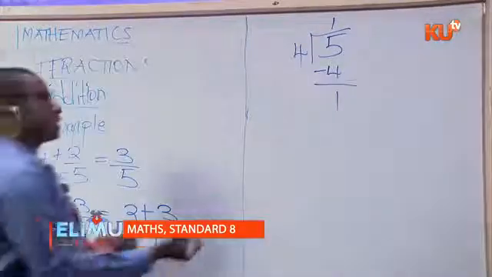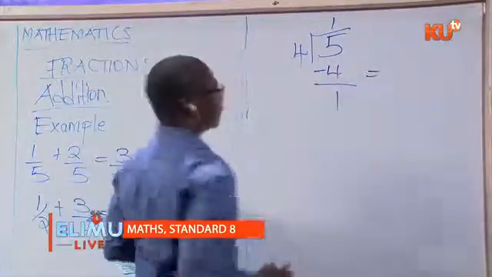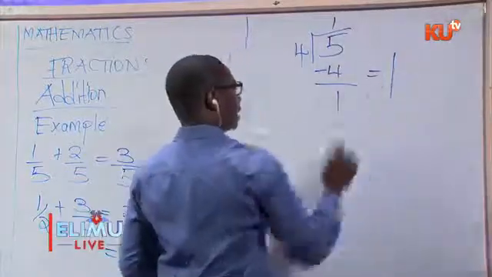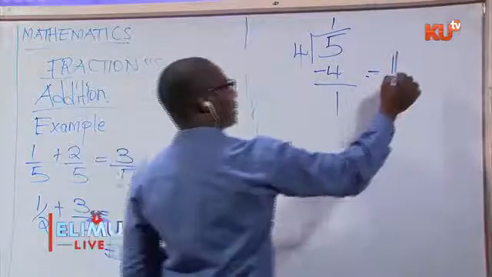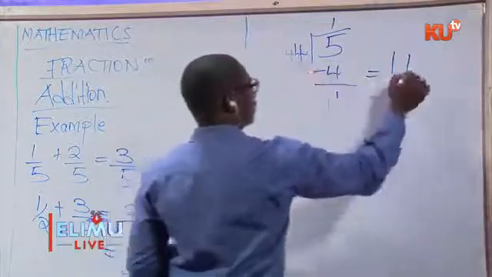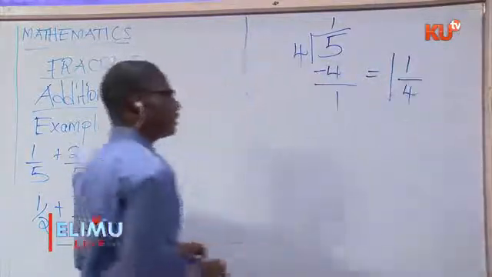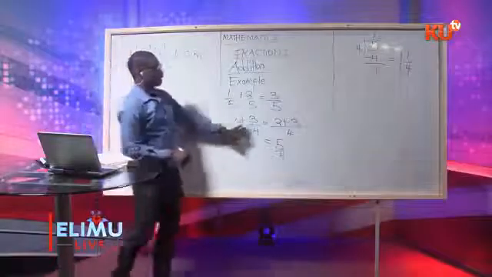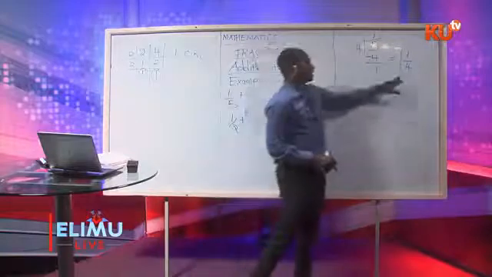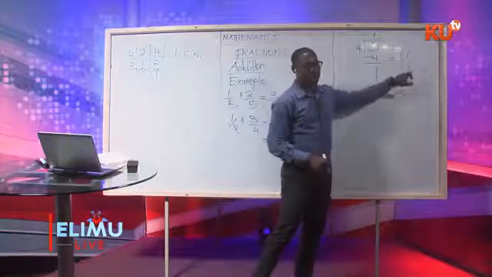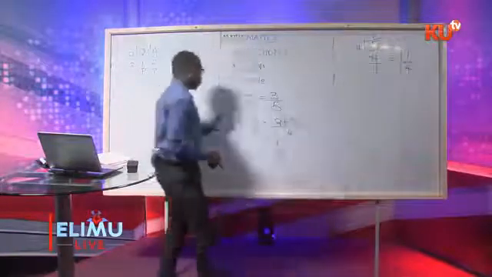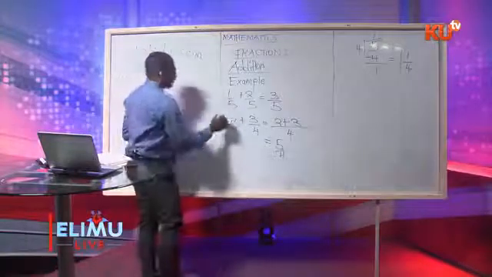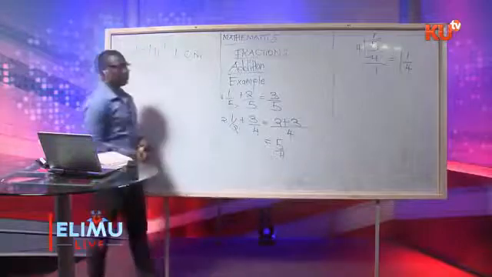So when we write this as a mixed fraction, the number up here becomes the whole number. The remainder becomes the numerator. Then whatever we're dividing with becomes the denominator. Therefore, when you take a half plus 3 over 4, your answer is 1 whole number and a quarter. So this is how we work out fractions that have different denominators.